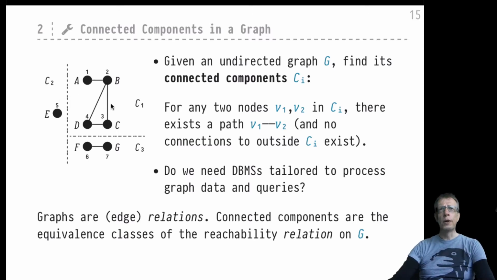All right, so what we would be given here is the representation of this graph, and finding C1, C2, and C3, and deciding the membership of any of these 7 nodes to each of these components. That would be the problem to solve here.